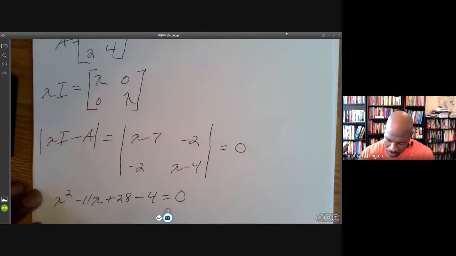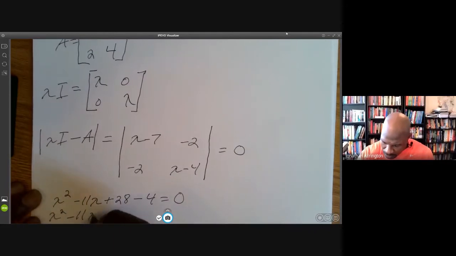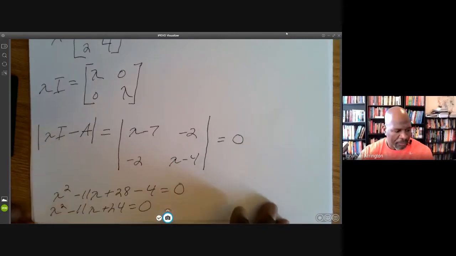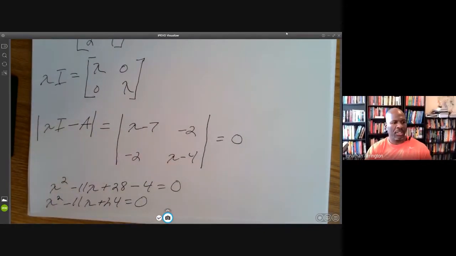Simplifying, this is lambda squared minus 11 lambda plus 24 equals 0. That's what we call the characteristic equation, and we're going to solve for lambda. Hopefully you can see that this is lambda minus 8 times lambda minus 3.